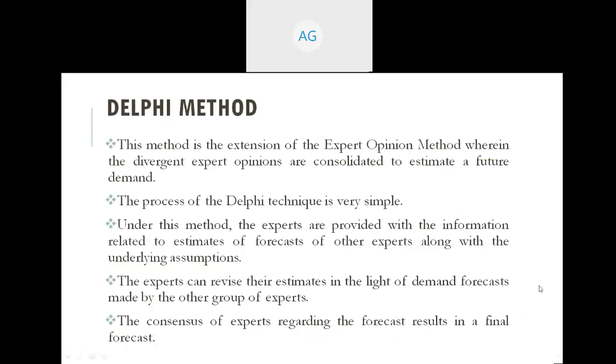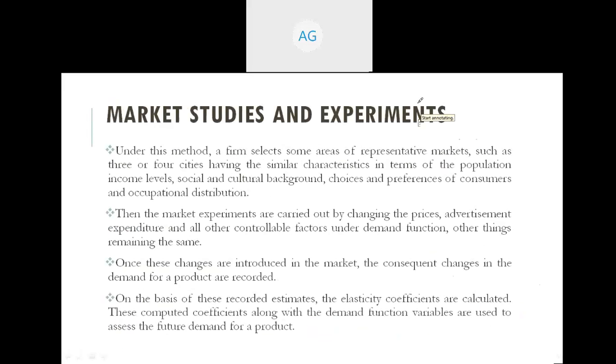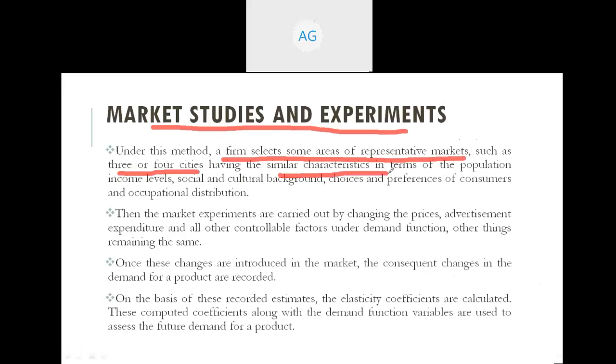Now the third method which comes under the opinion poll method is market studies and experiments. So under this method, a firm selects some areas of representative markets such as 3 or 4 cities having similar characteristics in terms of population, income levels, social and cultural backgrounds, choices and preferences of consumers, and occupational distribution.